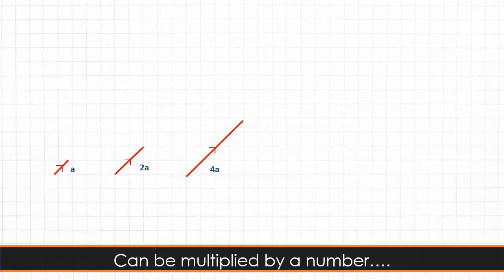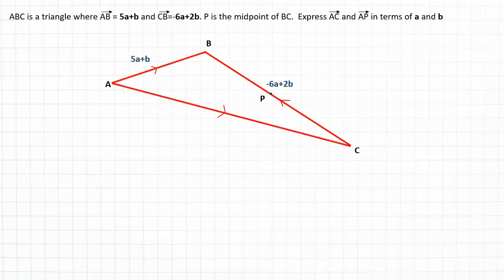Likewise, 4a is 4 times the length of a, but in the same direction as a and 2a. Something important to remember is that if you multiply the vector by a negative number, the direction of the vector is reversed.